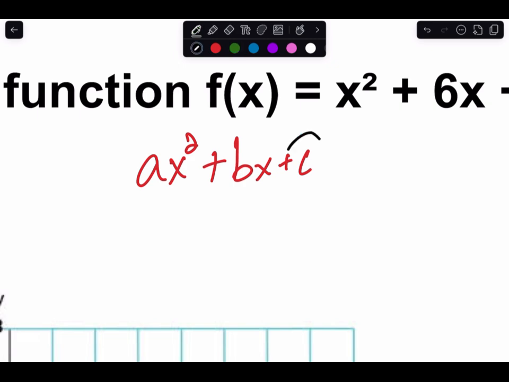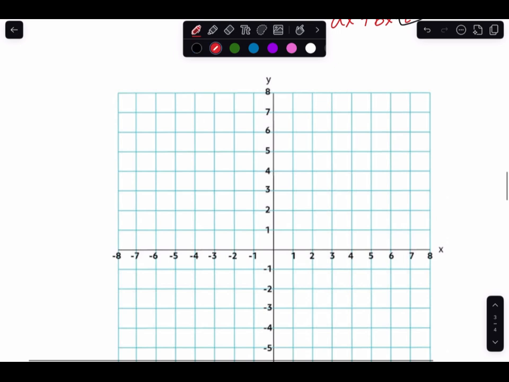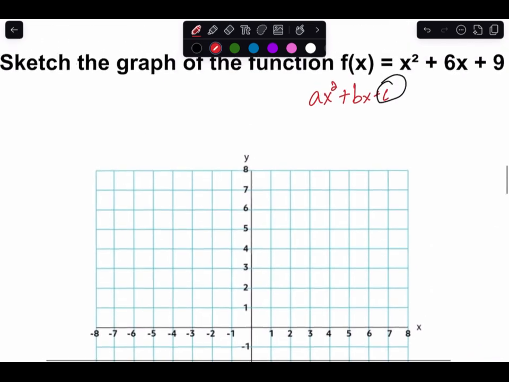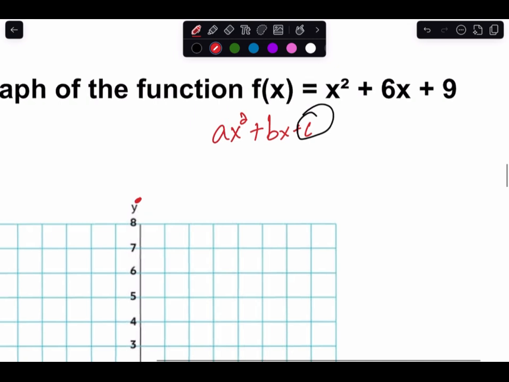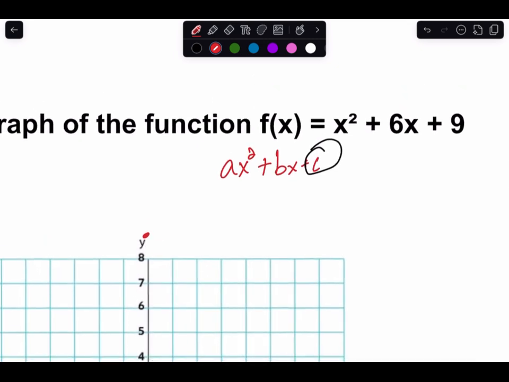Starting with the c, the c is going to be the y-intercept. So we know that this function at some point is going to cross the y-axis at y equals 9, or using coordinates, 0, 9.